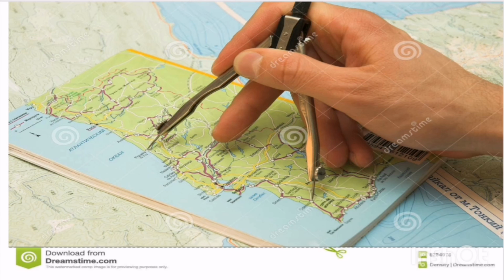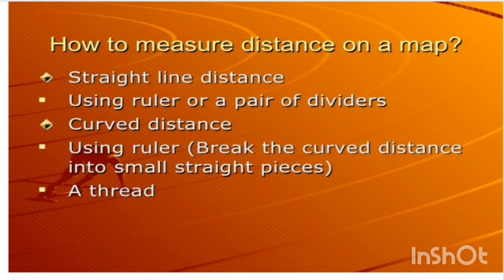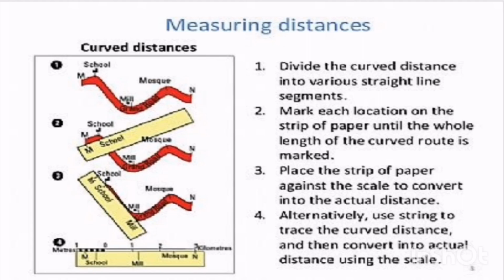then comes the question of how to measure a curved distance. A curved distance can be measured with the help of a paper strip or with the help of a thread. So how to measure a curved distance with the help of a paper strip?